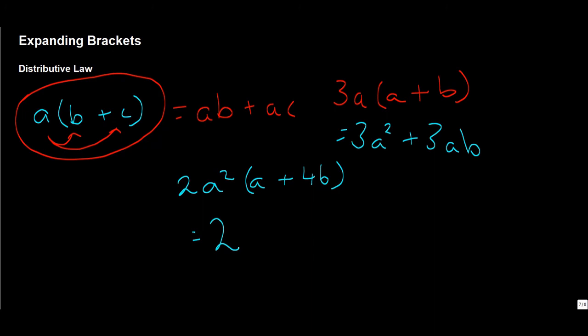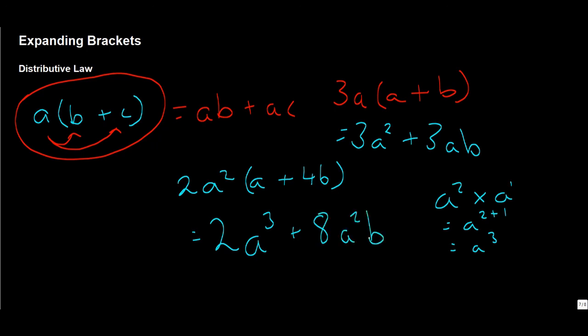The indices law states that if you're multiplying two numbers with a power, a squared times a in this instance, so that second a is a to the 1, this would be equal to a to the 2 plus 1, which is a cubed, right? So we take this over here, 2a cubed, and then plus, there is a coefficient in front of the b, it's a 4, so 4 times 2 is 8, and then a squared times b is just a squared b.